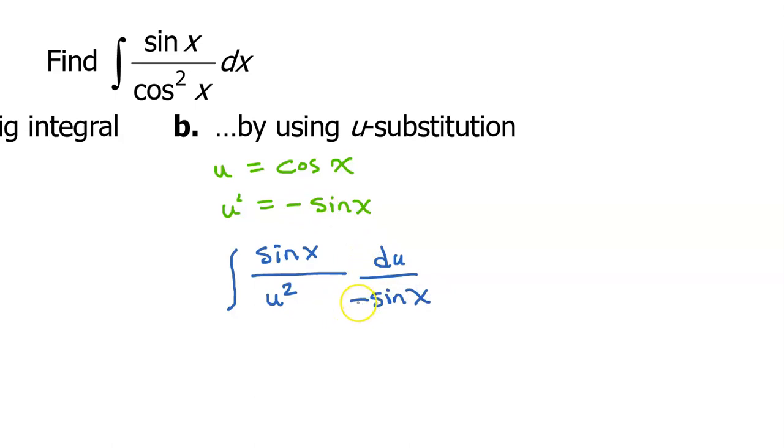I'm going to go ahead and take this negative sign and put it out in the front though. So we have this. Right away we notice that we have a sine x in the numerator and a sine x in the denominator, so these will cancel each other out. And I have negative integral 1 over u squared du.